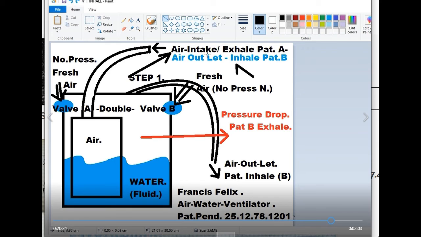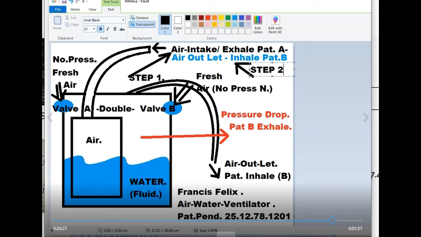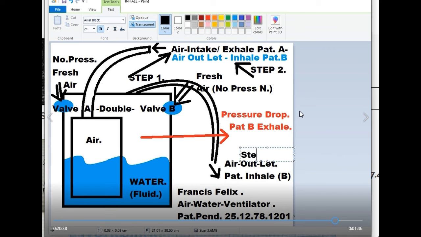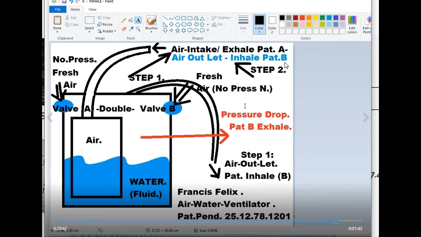Yeah, that's it, and that's also step 1. I'm sorry, step 2, I mean. This patient A, which is step 1 and 2, and patient B, which is step 1 and 2. Did I make a mistake here? It's supposed to be A, but whatever. I think you get it, basically.